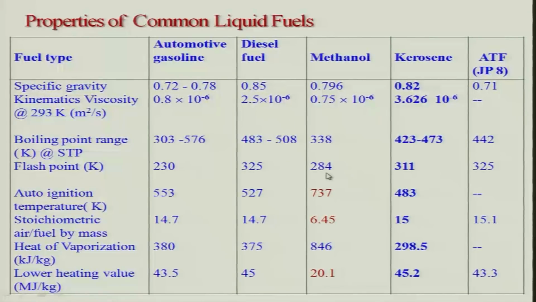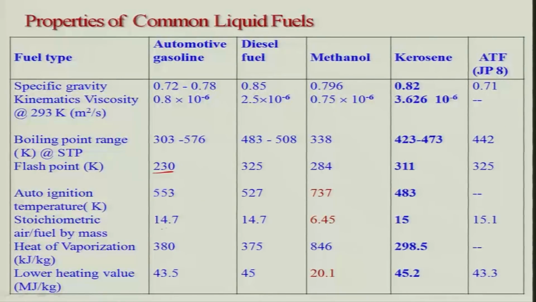If you look at the lowest flash point, it is gasoline, and for auto ignition temperature, the highest is methanol, right, whereas gasoline is the next one and kerosene is the lowest, so a little dangerous to use kerosene among all these fuels, right.